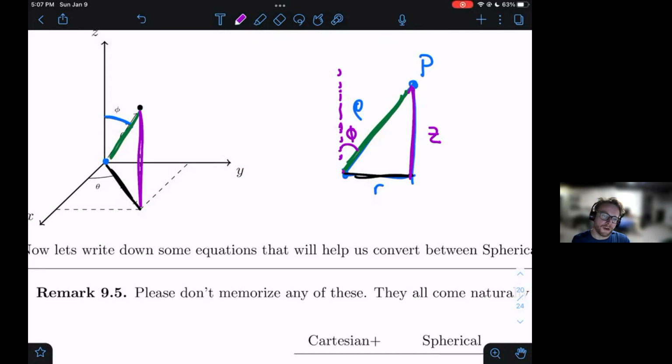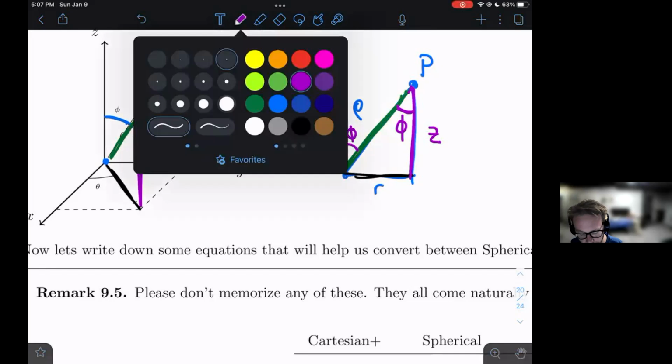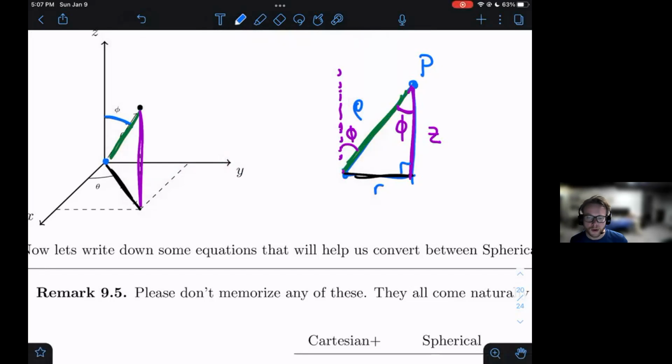And you may remember from your good old geometry days, whatever that value is there is going to be the same value right here. So now we have this beautiful right triangle with the side lengths marked rho, z, and r, and of course we have this angle phi.